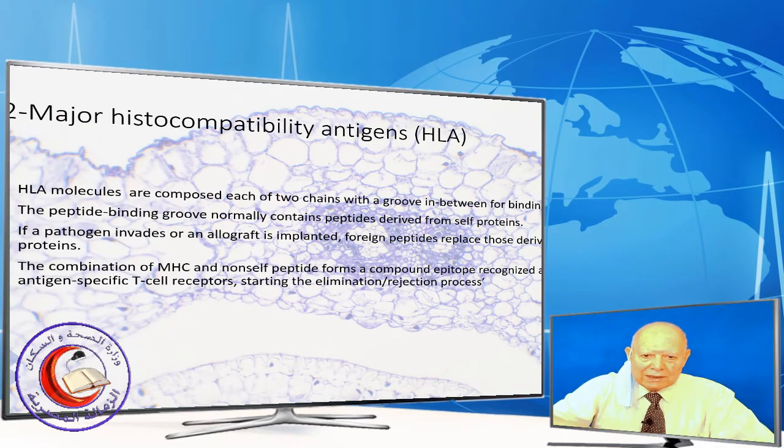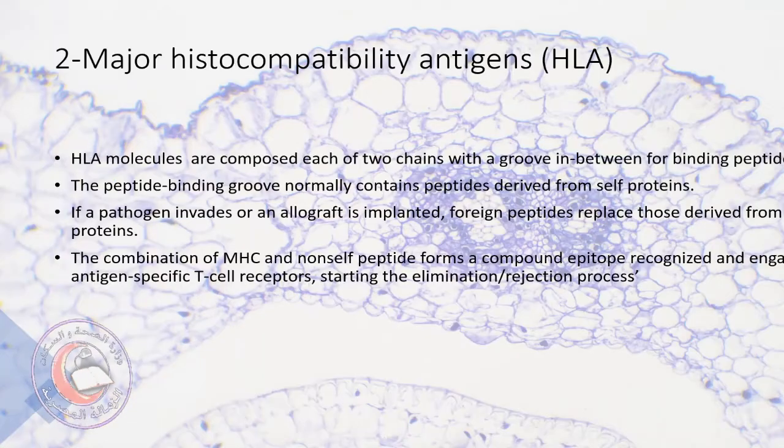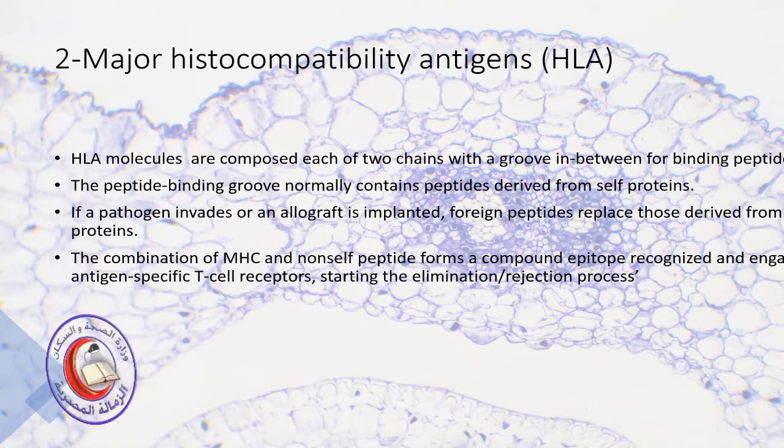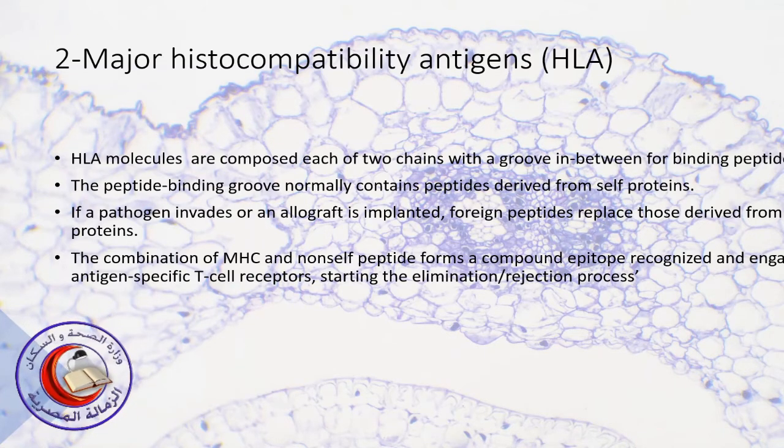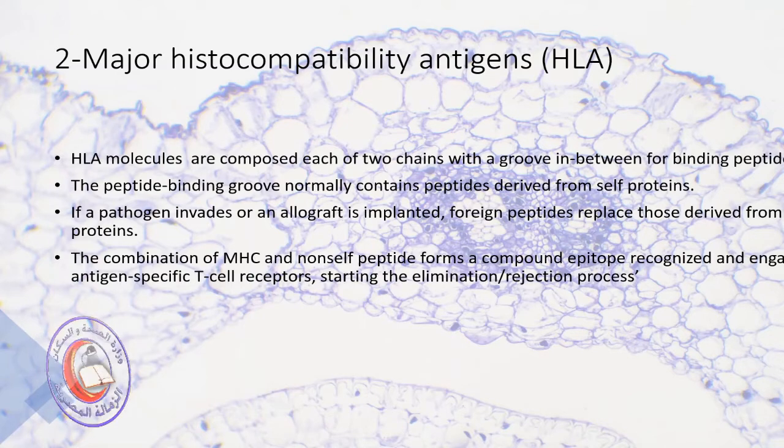The peptide binding groove normally contains peptides derived from self-proteins. Normal cells have self-HLA molecules which express peptides derived from normal cytosolic proteins. If a pathogen invades or an allograft is implanted, foreign peptides replace those derived from self-proteins.